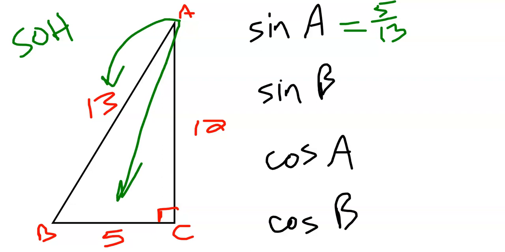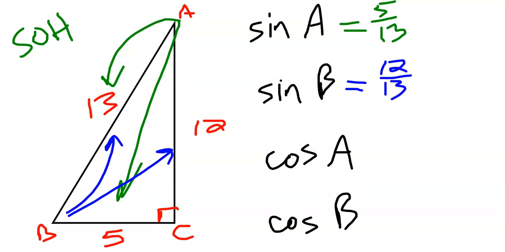So the sine of A is 5 over 13. Similarly, the sine of B, opposite is 12, hypotenuse is 13. So the sine of B is 12 over 13, literally opposite over hypotenuse.